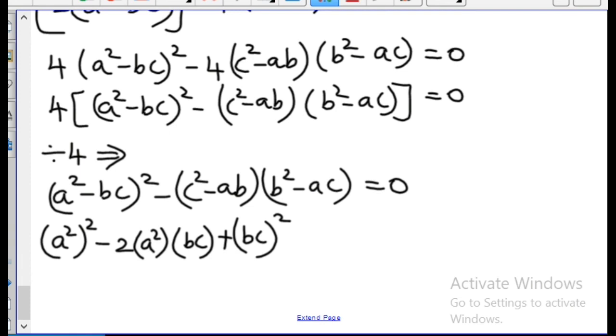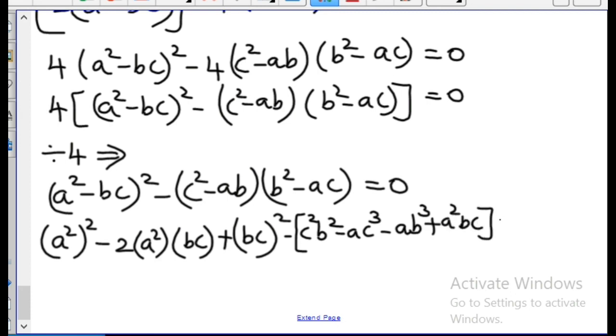Minus, we open one square bracket and multiply: c square b square, next minus ac cube, minus ab cube, plus a square bc equal to 0.